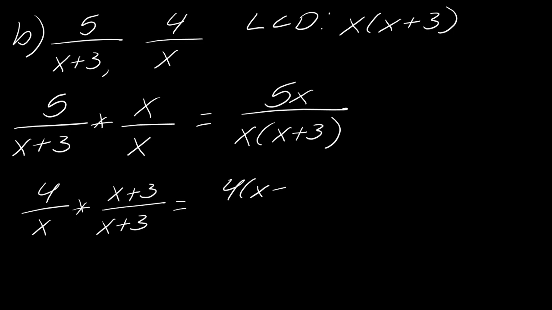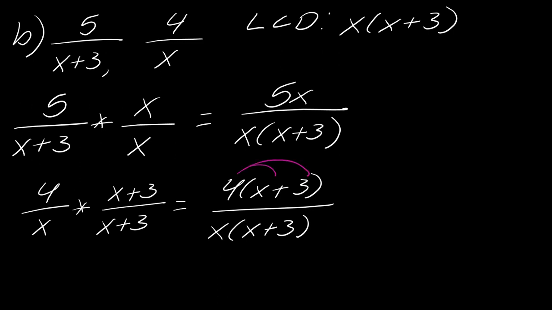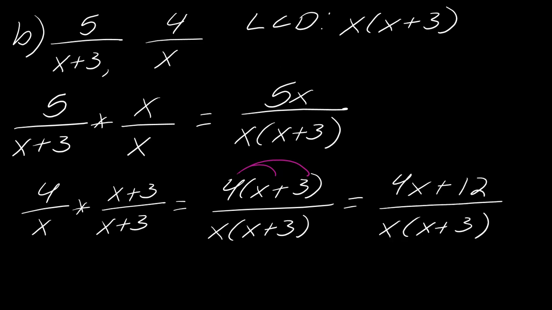What I want to do, and you'll see why in the next video, is distribute this 4 on the top. So force yourself to get in the habit of distributing the top part. The bottom part you do not have to distribute. Like I said, you'll see why once we start adding and subtracting these things. But that's what it's going to be for now, so we're all good.